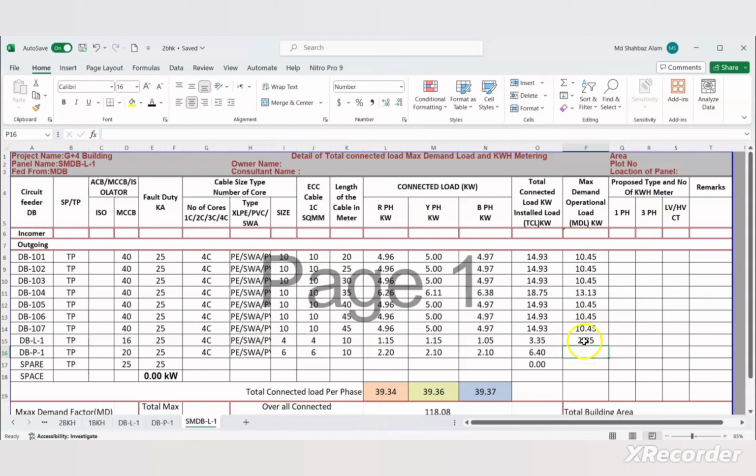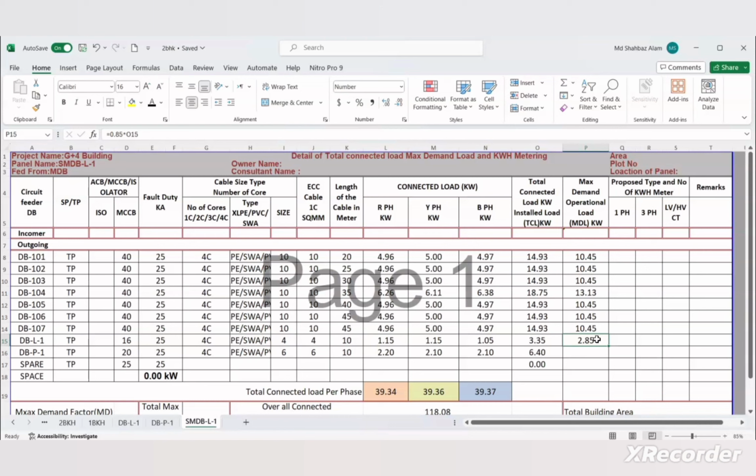What does it mean? It means that DBL1 has a total connected load of 3.35 kilowatt, but at any instant of time in a day or in a month or in a year, that DB load should not reach more than 2.85 kilowatt. So suppose a DB has 10 loads, all the loads will not be operational at a time.